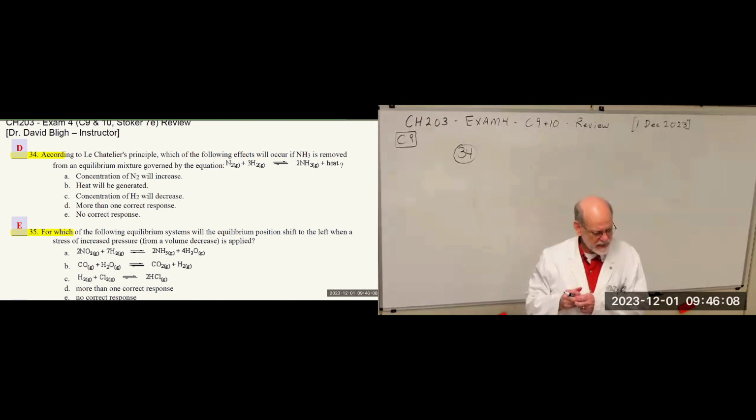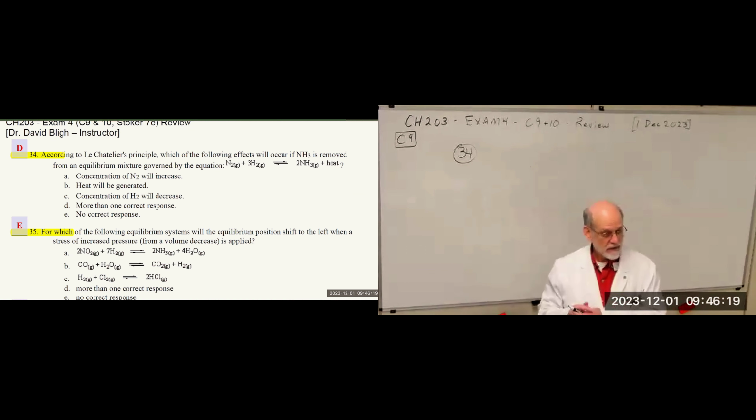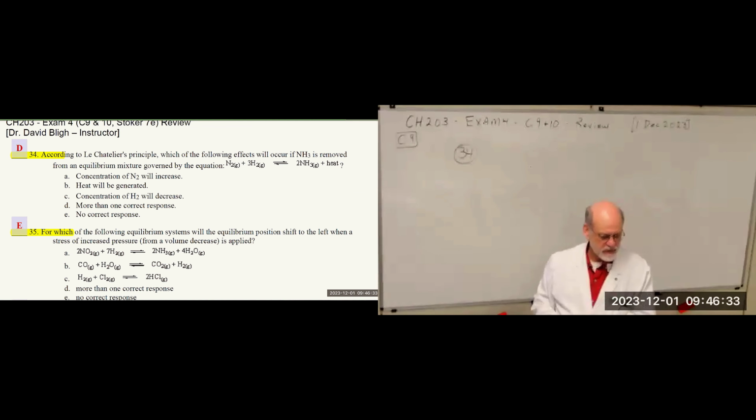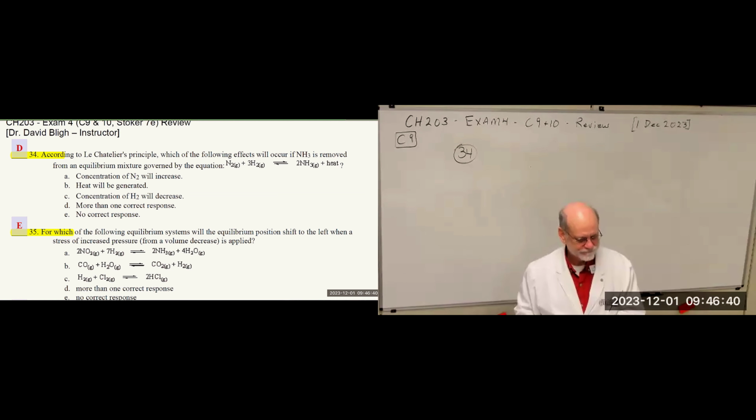So no, the concentration of nitrogen will not increase, it will decrease. Heat will be generated. Yes, right, because it's an exothermic reaction. If you remove NH3, then you're going to force the reaction to move further to the right and create heat, which is a product. So B is correct. Concentration of H2 will decrease. Yes, B and C are correct. So D is the answer, more than one correct response.